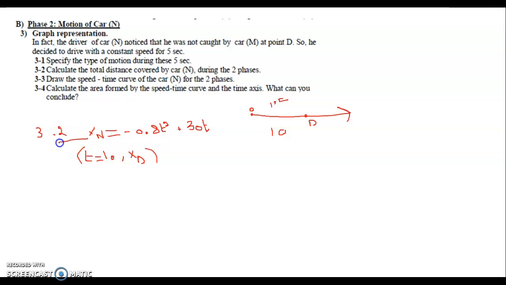So now I can substitute it in the position time equation. xd is equal to minus 0.8 into 10 squared plus 30 into 10.